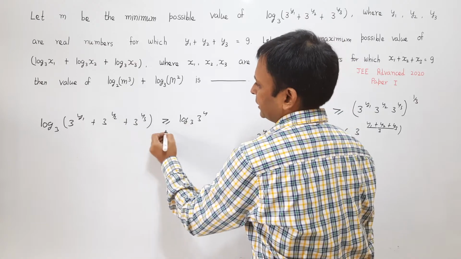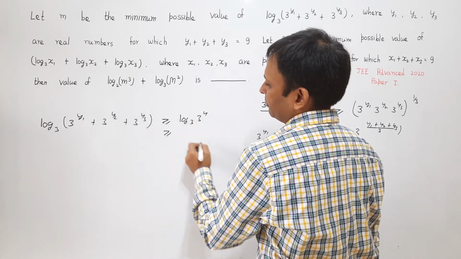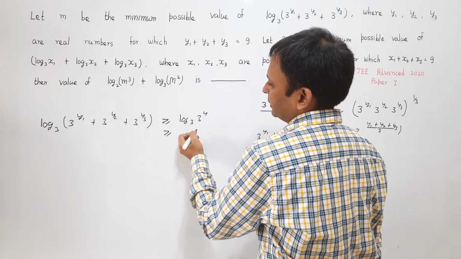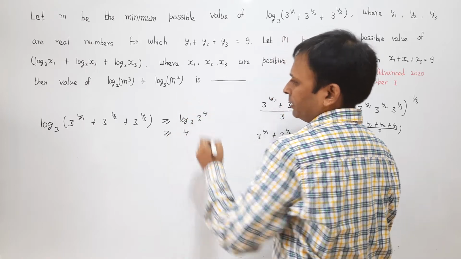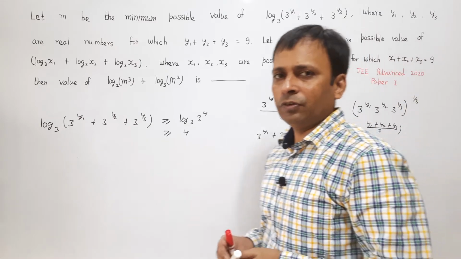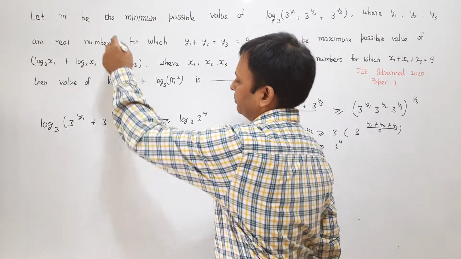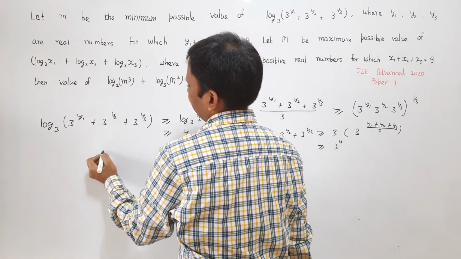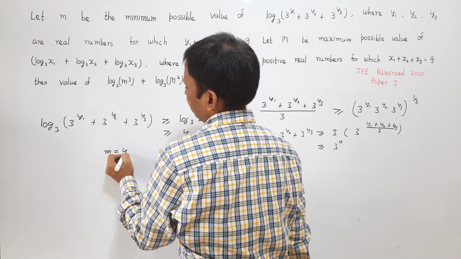That means this expression is always greater than or equal to, this 4 will come in front, so log of 3 with the base 3 is 1. That means this expression is always greater than or equal to 4, which is nothing but our small m. So I can say the value of our small m is equal to 4.